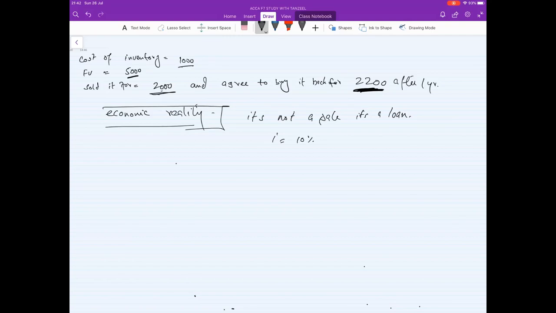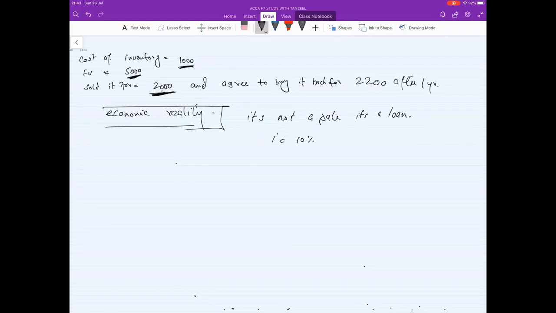Suppose I have an iPhone, or inventory, whose cost is 1000. The fair value of this inventory is 5000, but I sold it for 2000 and agreed to buy it back for 2200 after 1 year. What will we think?